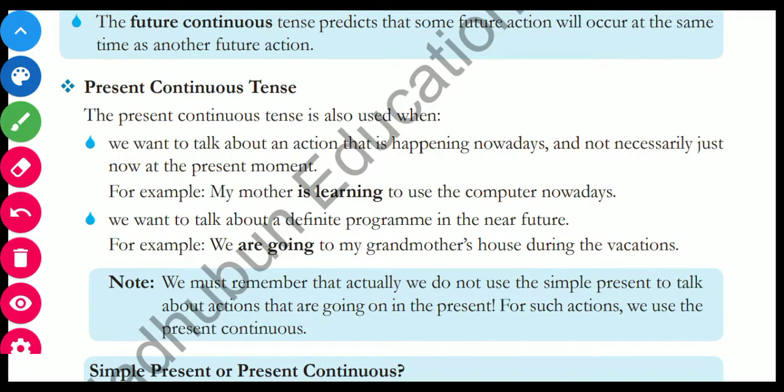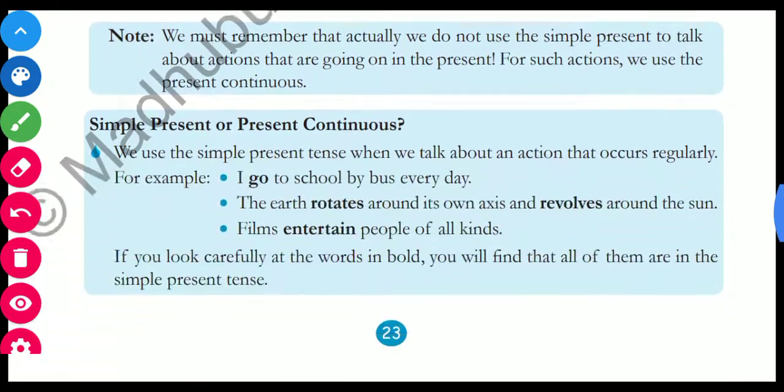Okay, so come to present continuous tense. What is the rule of present continuous tense? The rule is subject plus is, am या are plus verb in its ing form. So let us see the sentence.